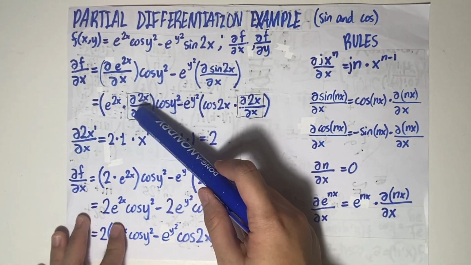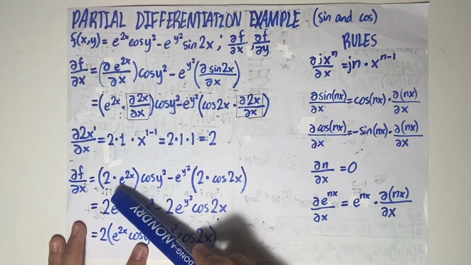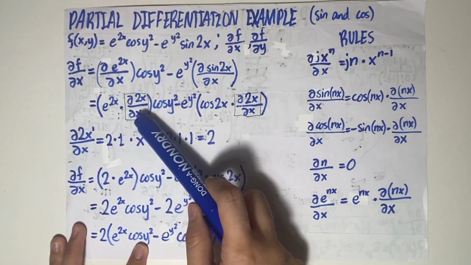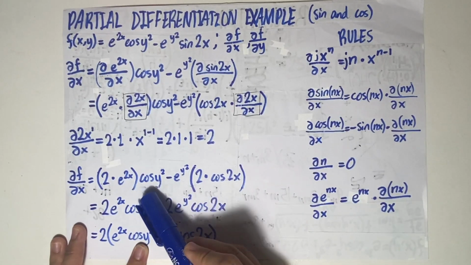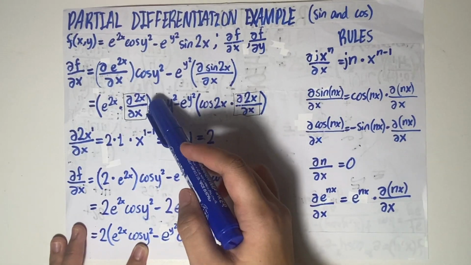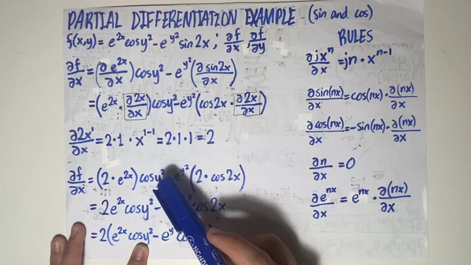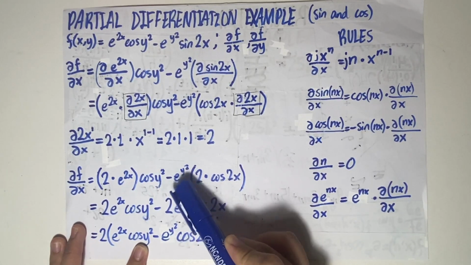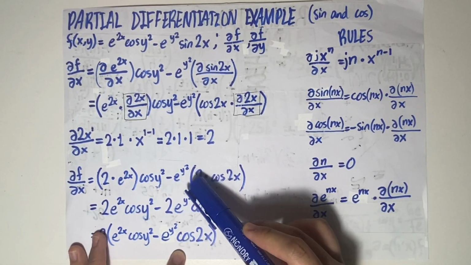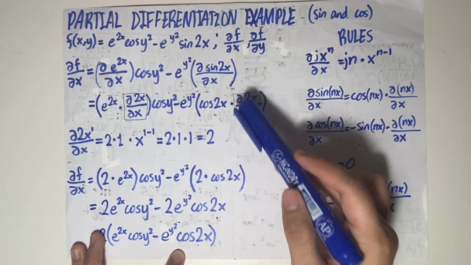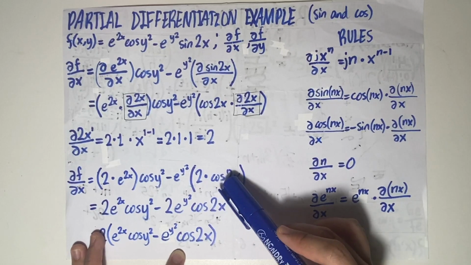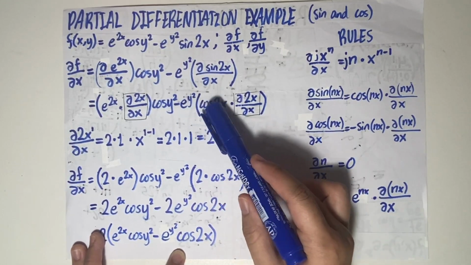Here you can see 2 times e to the power of 2x, that's from here, times cosine y squared, that's from here, minus e to the power of y to the power of 2 times 2, that's from over here, times cosine 2x, that's from over here.